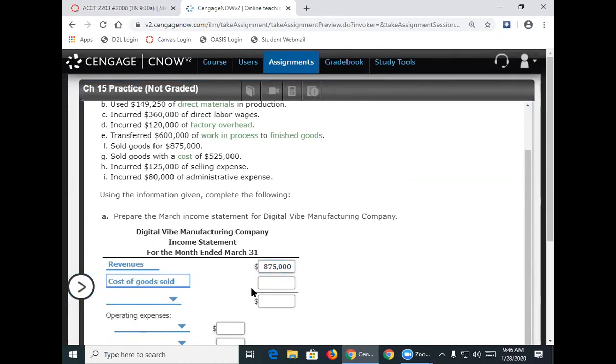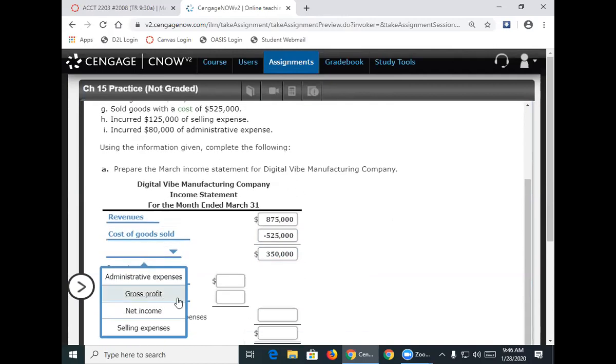I have that on the board here too. It was G. My cost of goods sold was $525,000. I like to put the minus in there, but it's not required. But then we can actually see it coming out. So I subtract those, and what does that equal? $350,000. Good. And what is that called?